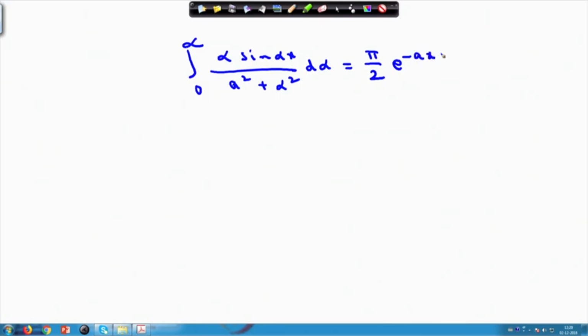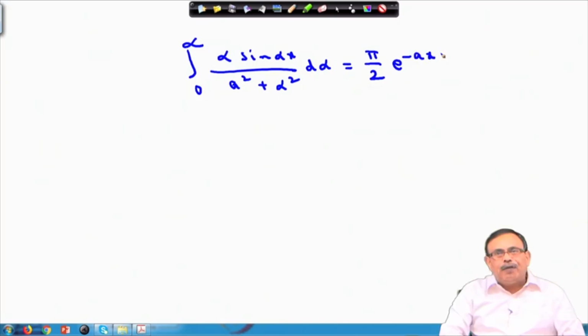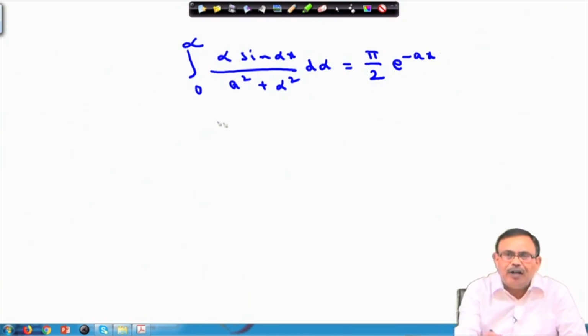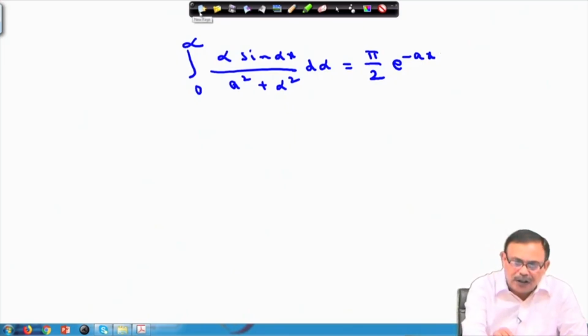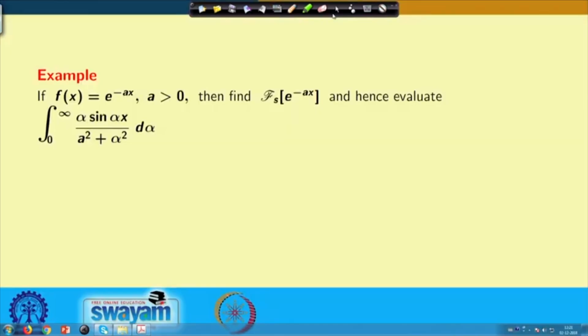So, please note that I know the Fourier transform of a particular function. From that function I am using that property, and then using the inversion formula I am finding the value of the given integral. Let us see here.